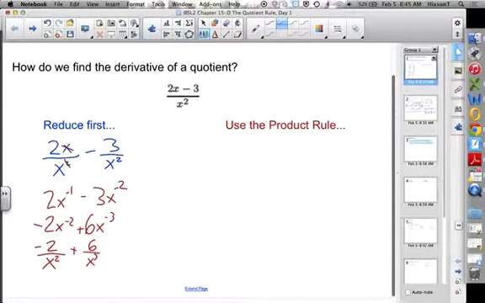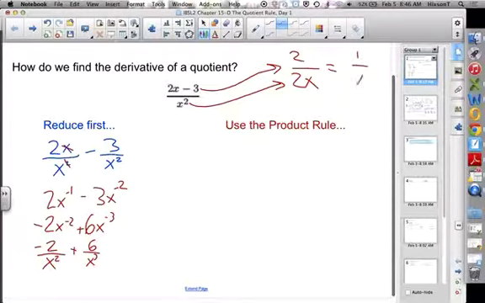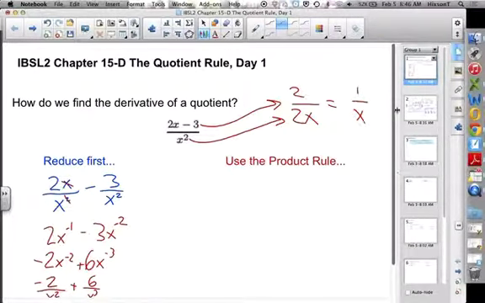What would be wrong is to say, hey, the derivative of this is 2, and the derivative of this is 2x, so my derivative is 1 over x. You can't just take the derivative of the top and divide it by the derivative of the bottom. And again, that goes back to limits.